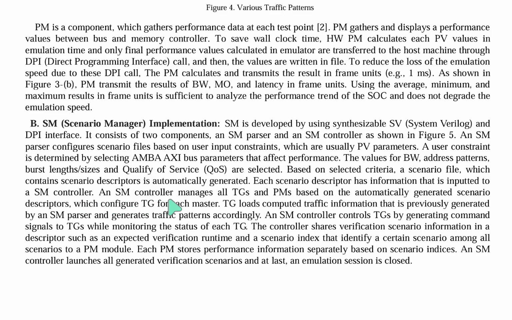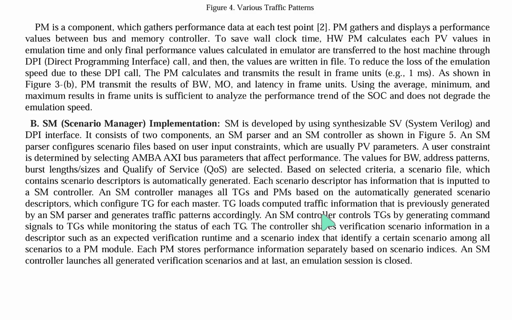An SM controller manages all TGs and PMs based on the automatically generated scenario descriptors, which configure the TG for each master. The TG loads computed traffic information that was previously generated by the SM parser and generates traffic patterns accordingly.